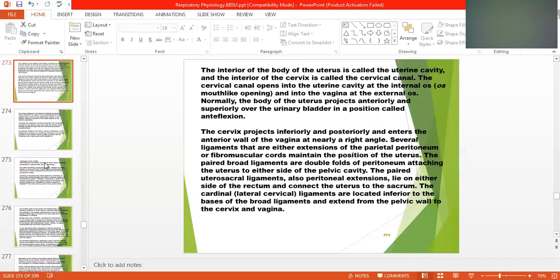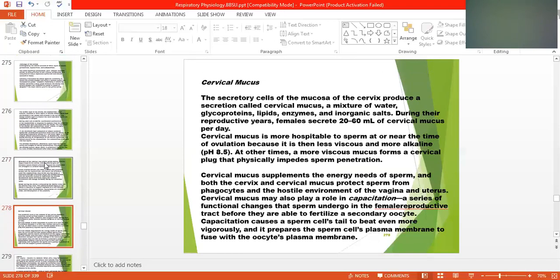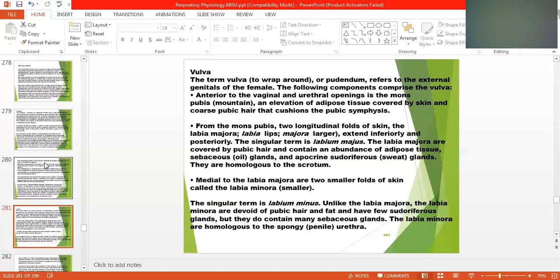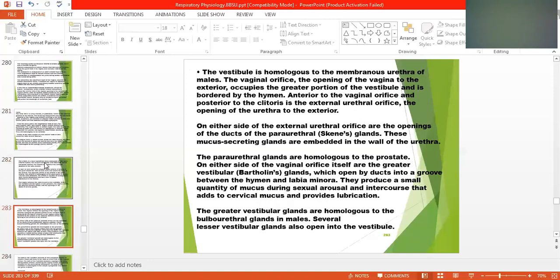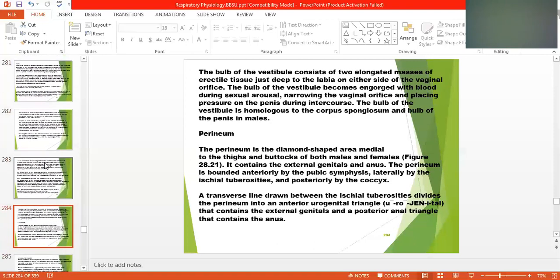So these are the female organs which help in delivery and urination and give a passage for the sperm.